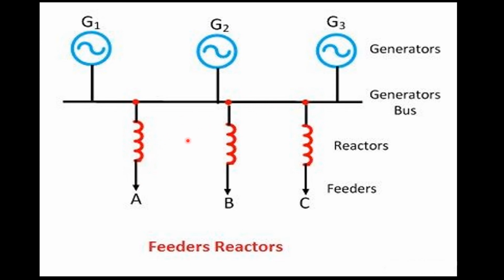So if any fault occurs on this feeder side, then that reactor is going to protect the system. The other system healthy part will not get affected. If any fault occurs on A feeder, then the reactor with A is going to protect the remaining system. It will not hamper the complete system. And that is how we are getting protection in case of feeder reactor.